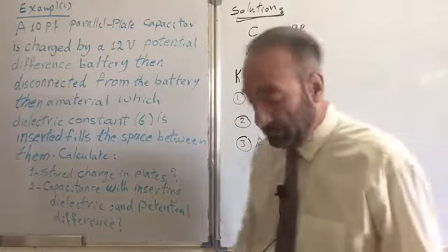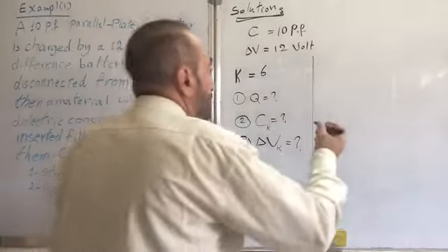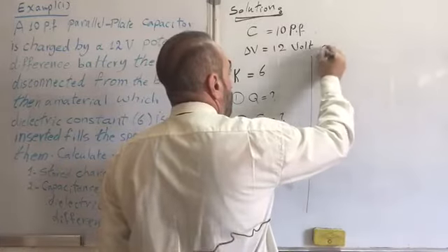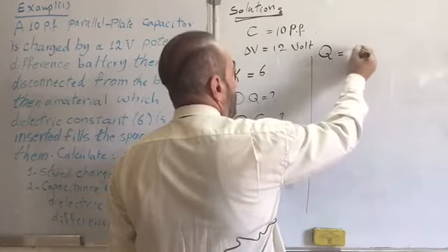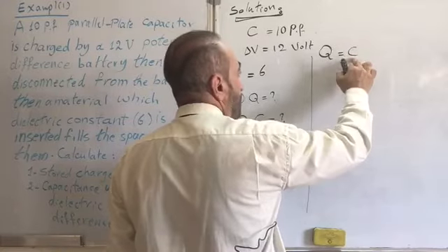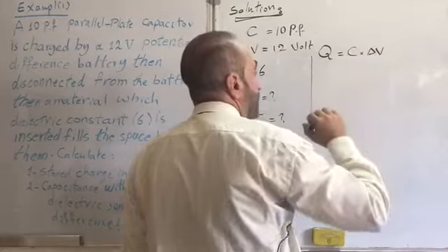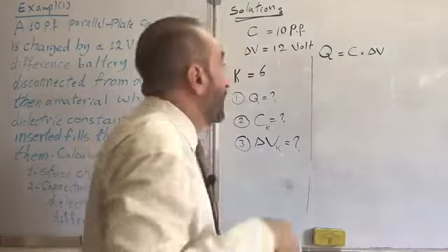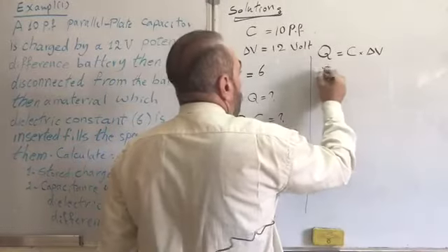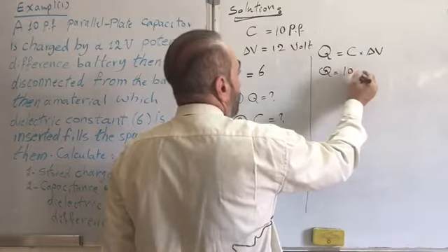Now, to find Q, we use the relation Q equal to C, the capacitance, times delta V, the difference voltage between the two plates. Q equals C, which is 10 picofarad.